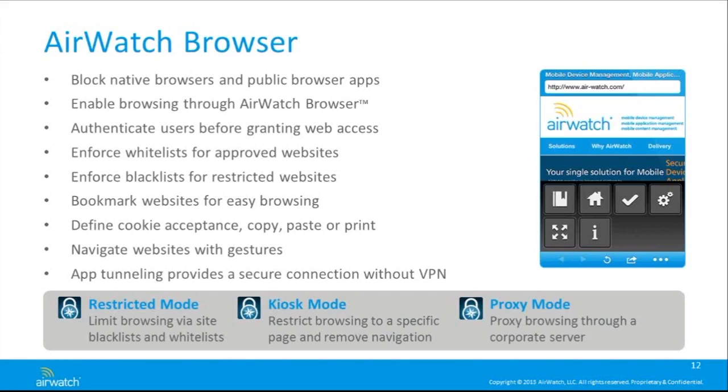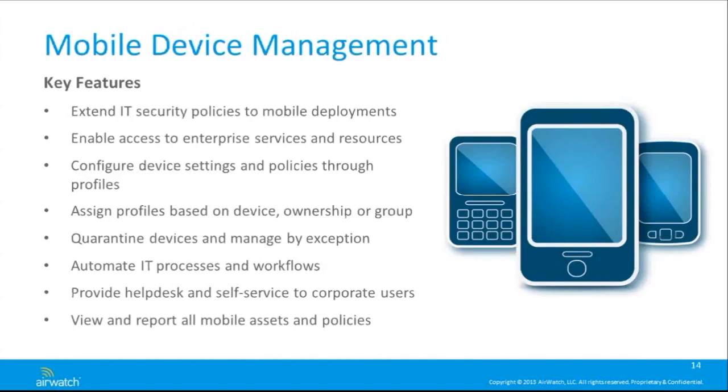So great application for inside of a retail store or something like that, where you just want it to be able to navigate to the page for that store and not anywhere else, any other websites to be hit. Or a proxy mode where we can virtually proxy the traffic through a corporate server that you might have in place. But a great way to, maybe you want to disable the native Safari browser and just utilize our Airwatch browser here. Certainly there's flexibility and options for you to do that.